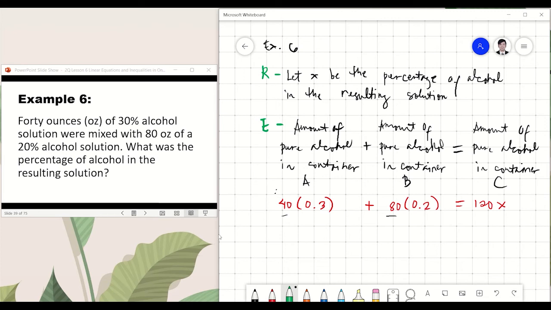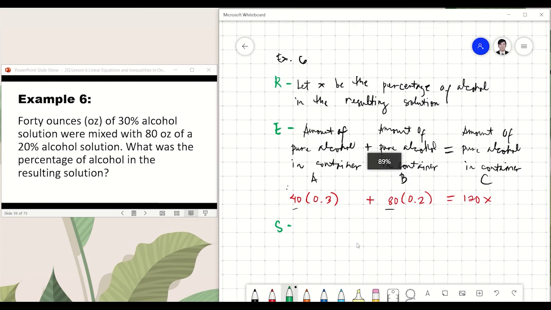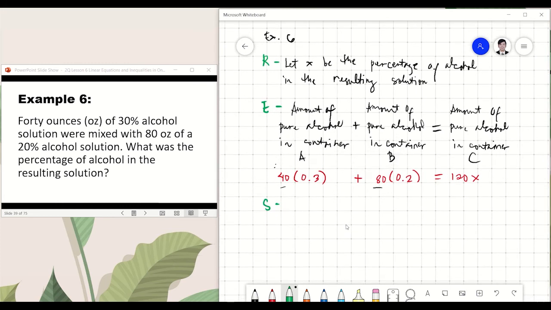So, we proceed to our solving part. Ito na yung equation natin. Meron tayong 40 times 0.3 plus 80 times 0.2 is equal to 120x. As I said last time, okay lang naman ito kasi konti lang naman yung number na sinasagutan natin.